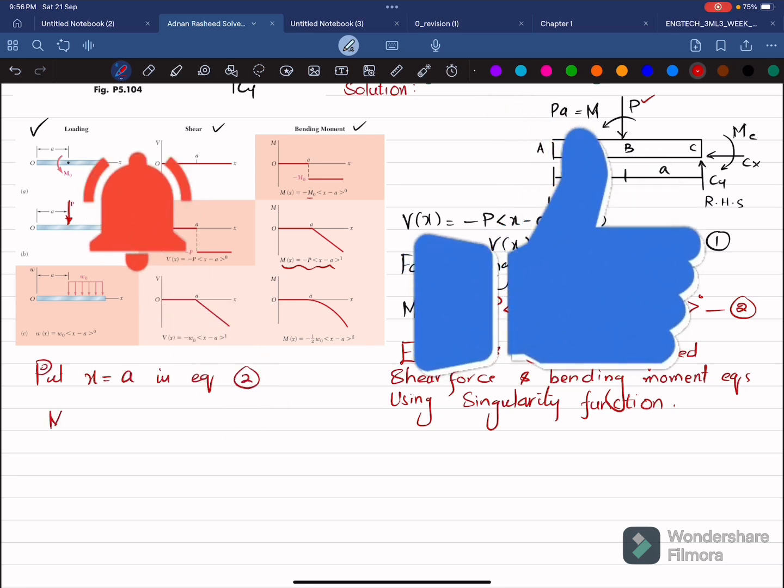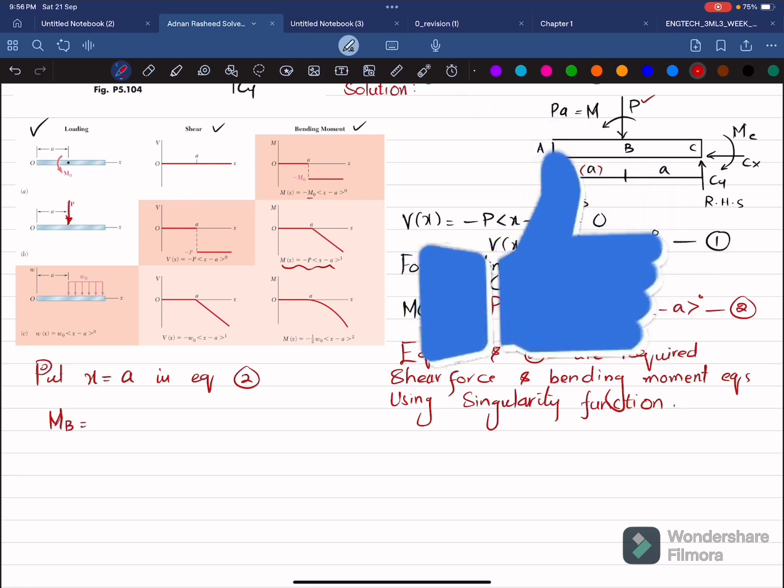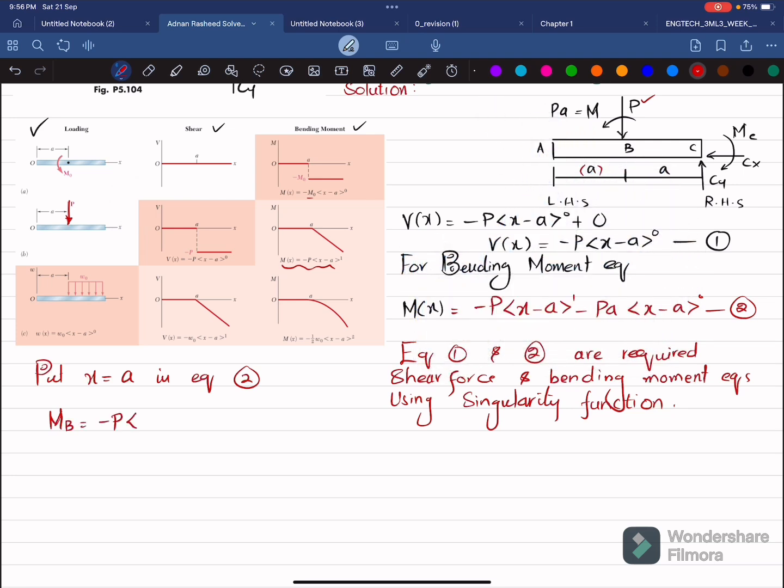So the moment about point B will be minus P into a minus a power 1, clear? And minus P a into a minus a power 0.